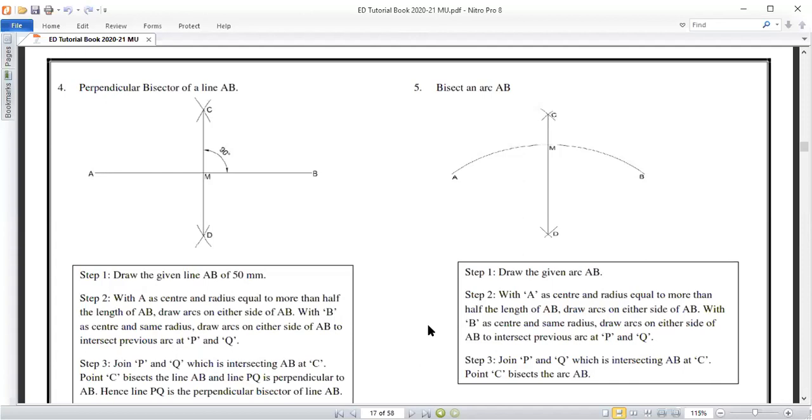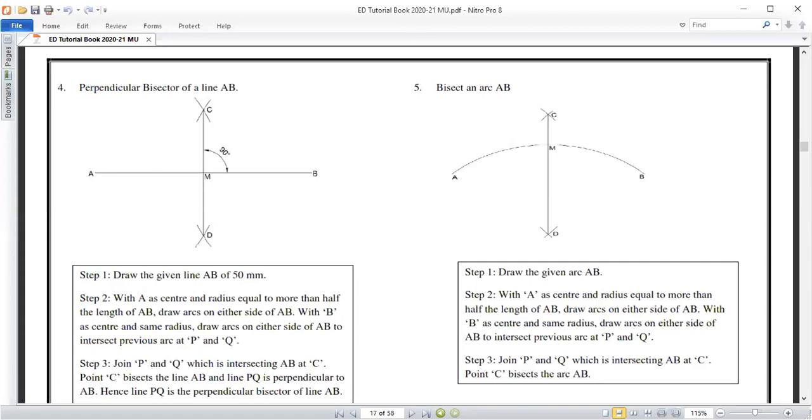Then do the same from B to intersect the previous arcs at points P and Q. Join P and Q, which intersects AB at point C, and point C bisects the line AB, which is perpendicular to the AB line. So PQ is nothing but the perpendicular bisector of line AB.